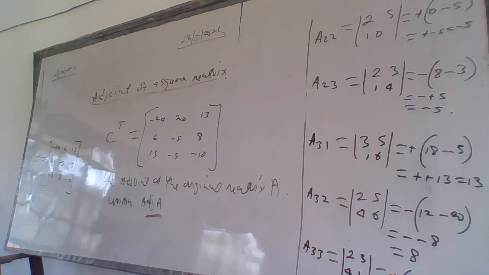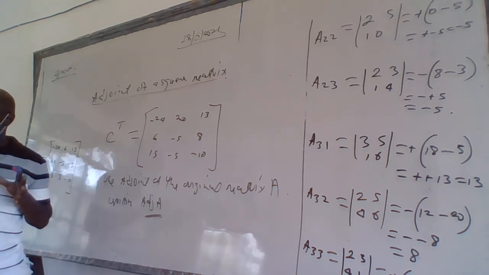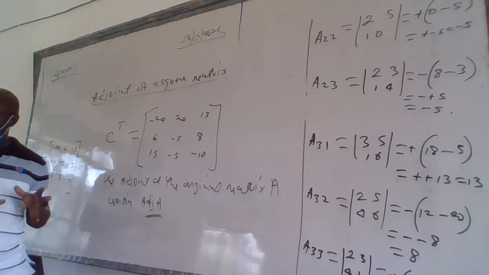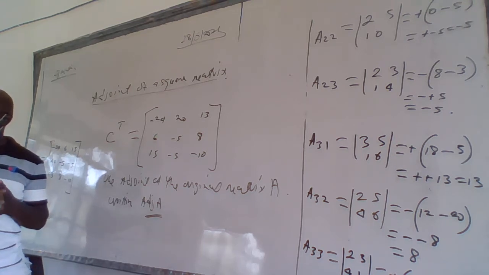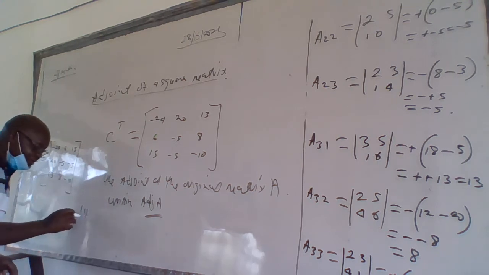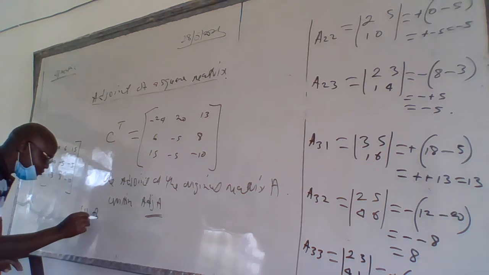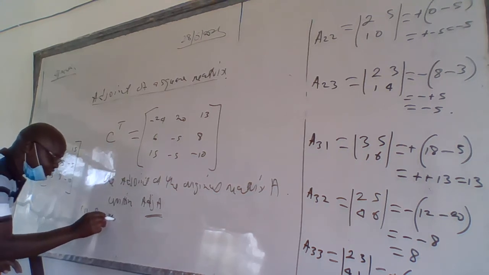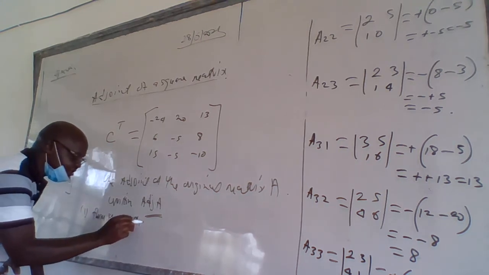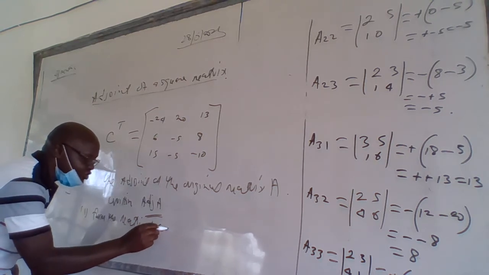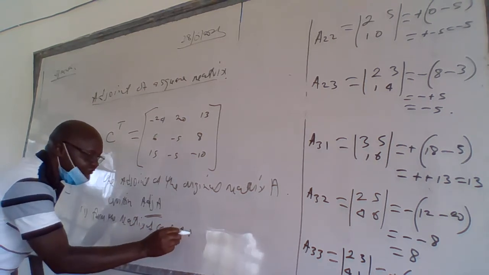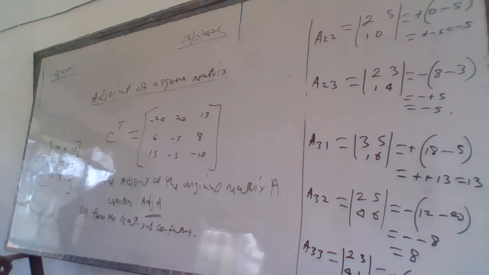So in brief, to find the adjoint of matrix A, number one, we form the matrix of cofactors. That is step one.